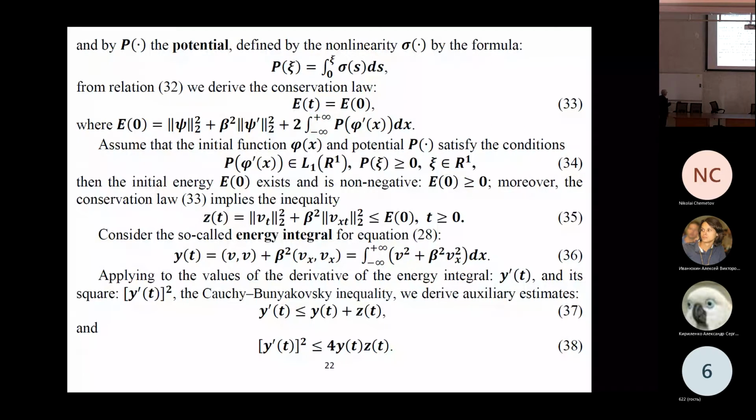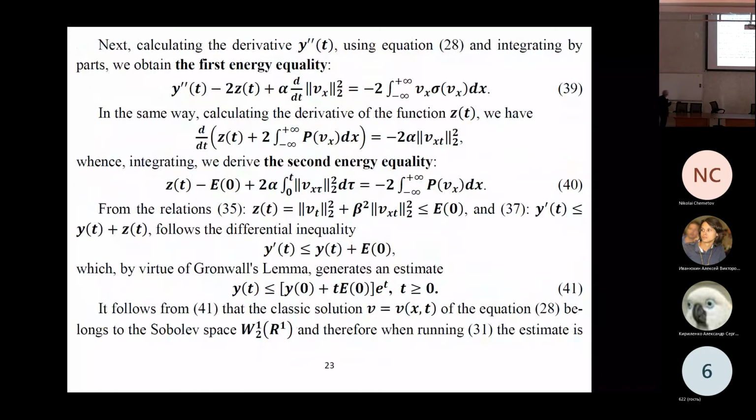Для интеграла энергии выводим вспомогательные неравенства 37, 38, связывающие между собой производную интеграла энергии, сам интеграл энергии и функцию z(t). Находим вторую производную интеграла энергии и получаем тем самым первое энергетическое равенство.